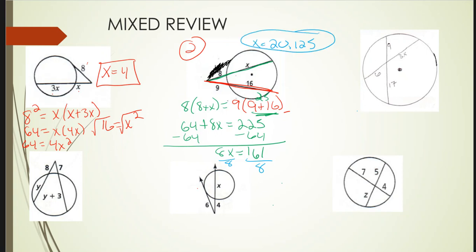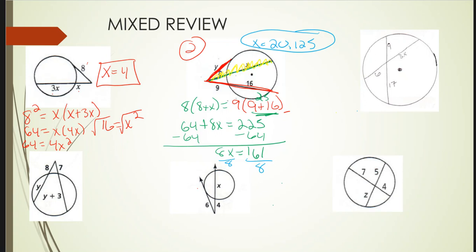All right. Now, if you went on to the next problem, remember you're too early. We still got to get y. So to get y, what I'm going to do is ignore this middle segment with the x and the 8. Now I'm just going to focus on this y over here and the secant.